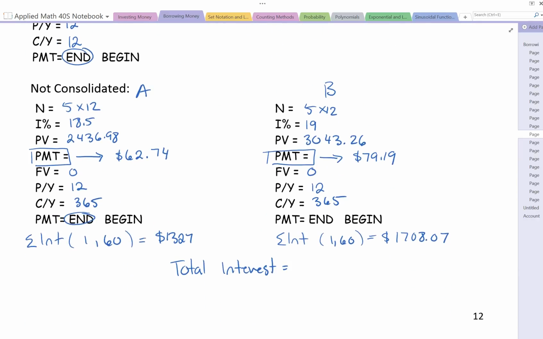And then for credit card B, you're paying $79.19 per month, and you're owing $1,708.07 in interest. So your total interest, if we add those together, total interest is $3,035.07. So if we take that, we can actually, that's a lot of interest.